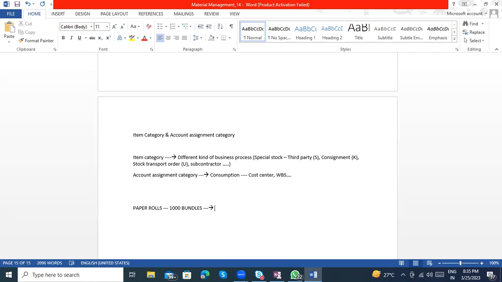Then I can distribute them: 200 to the HR department, 200 to marketing, and 500 to finance. We can distribute the entire quantity into multiple cost centers. So single cost center distribution is possible, and multiple cost center distribution is also possible in the PO. While buying itself you can distribute that.